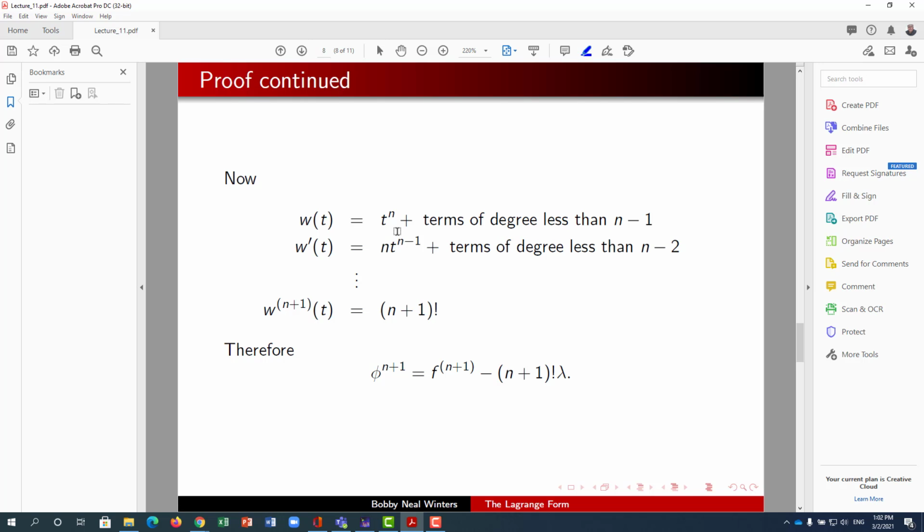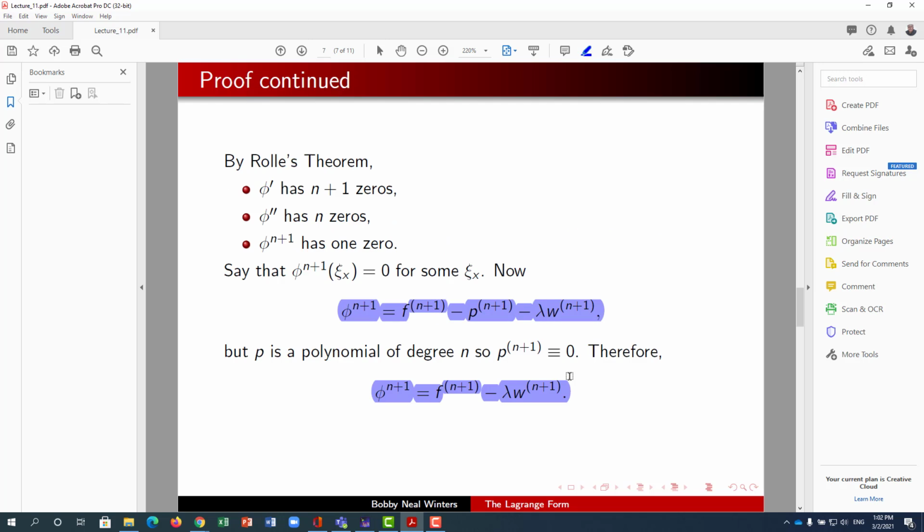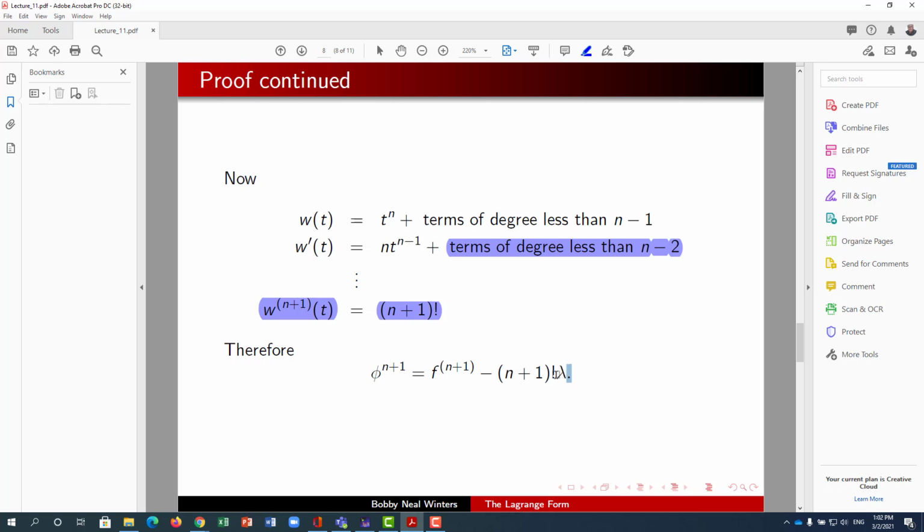They might get messy out here on this right-hand part, but don't worry about it, because we're just going to keep taking derivatives until we get down to those all being 0 and only having n plus 1 factorial left over. So the n plus first derivative of w evaluated at t is n plus 1 factorial. So roll that back in to this guy right here, and you get this guy right here.